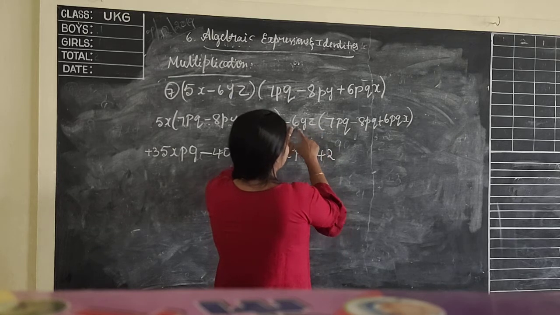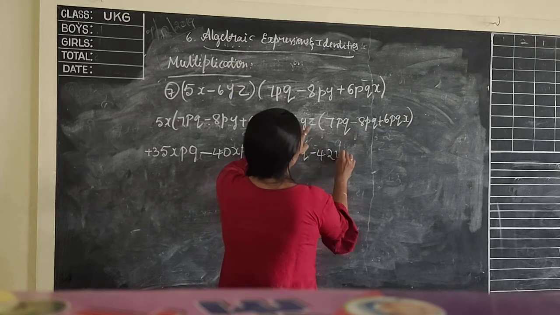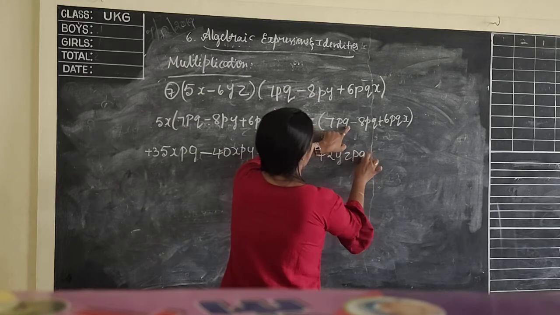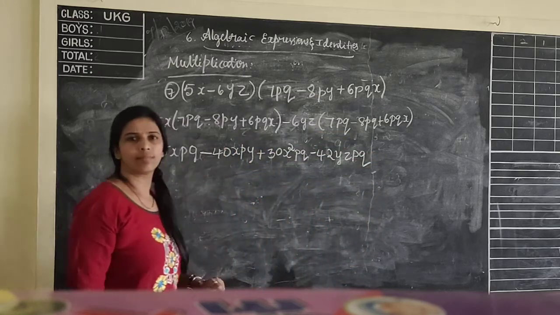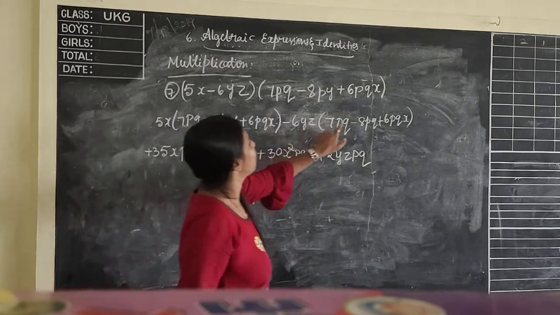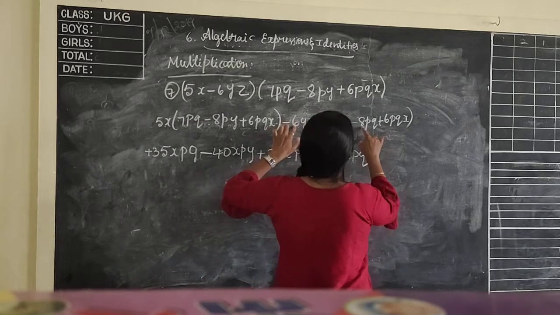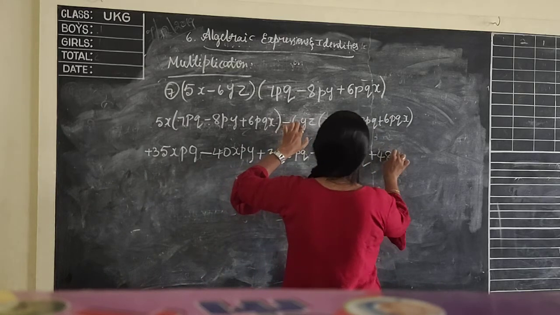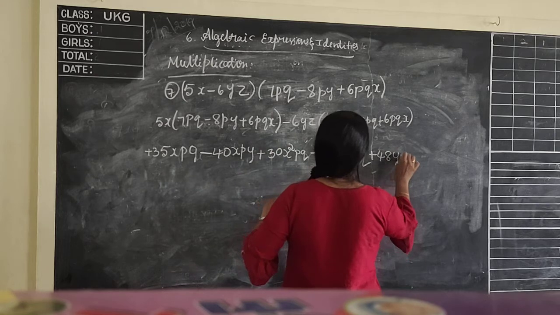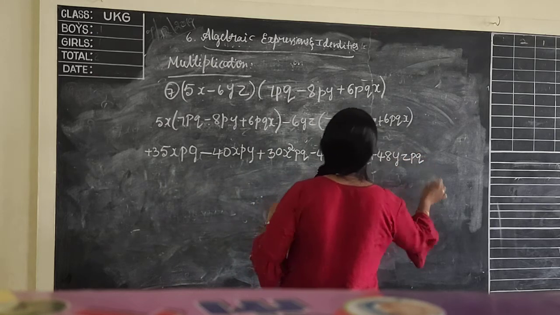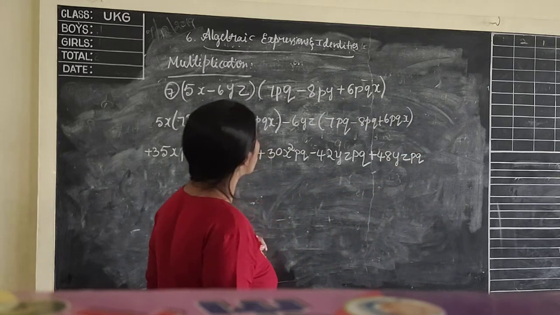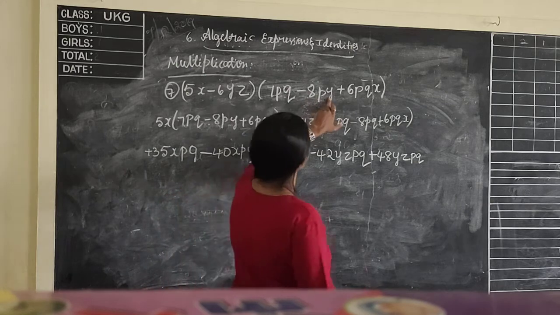Minus 6 7s are 42. Y is not there, z is not there, p is not there, q is not there. Minus 6 8s are 48, y is our pq. Not pq, this is the y.